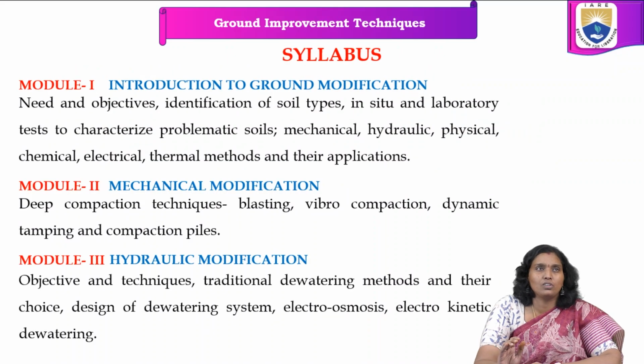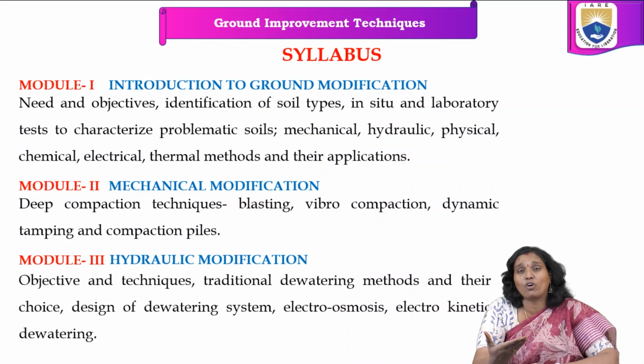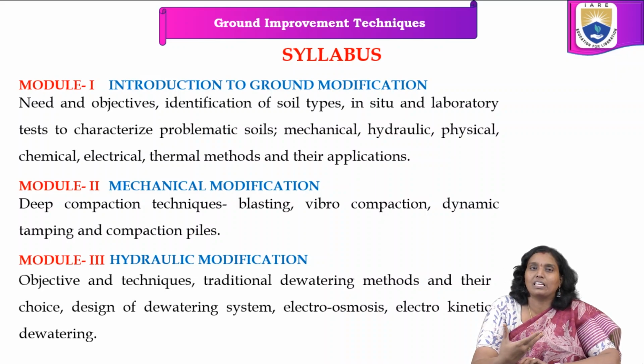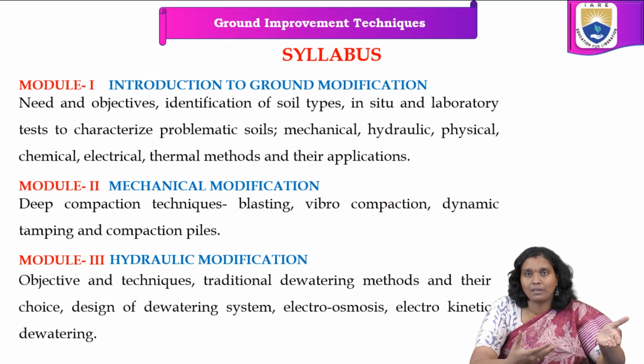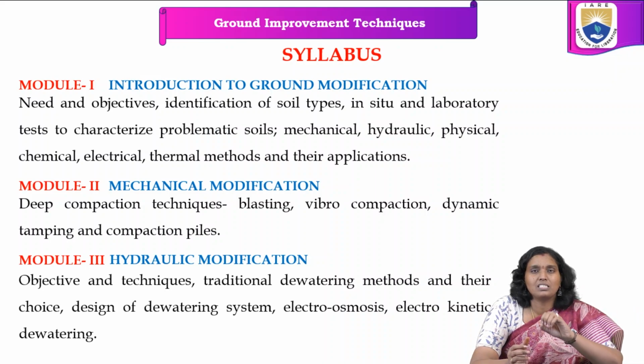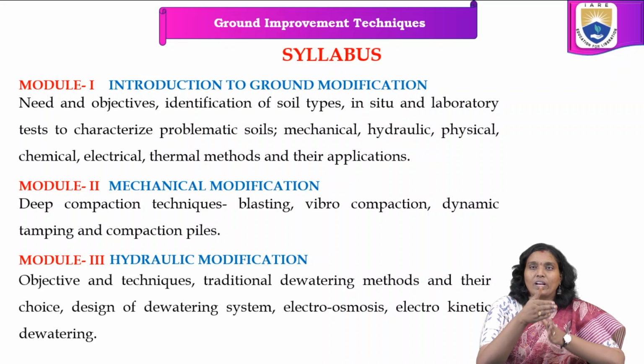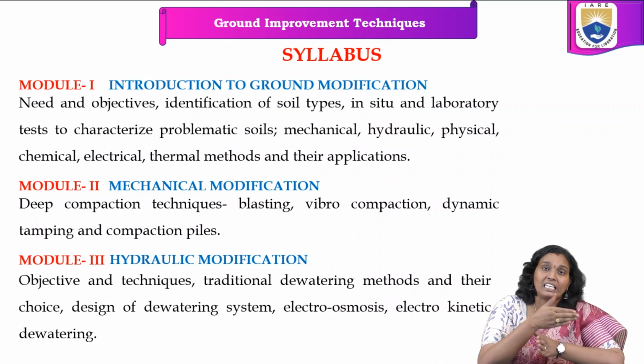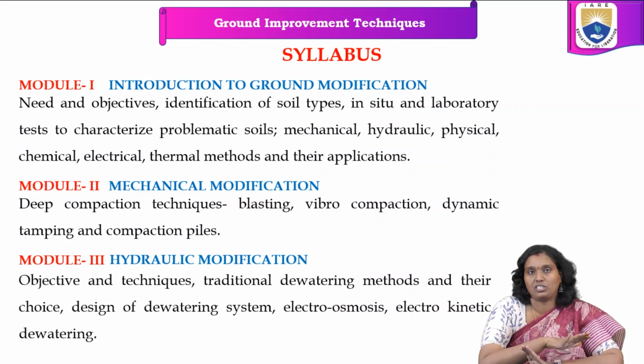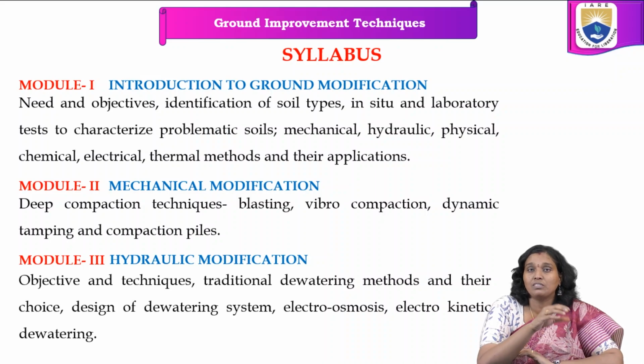In the introduction to ground modification, we understand why these ground improvement techniques are needed, what the various objectives are, how we identify the soil types, and what laboratory tests are involved in characterizing problematic soils. We also see how we categorize methods like mechanical, hydraulic, physical, chemical, electrical, and thermal methods and their applications. The prerequisite of this subject is geotechnical engineering.